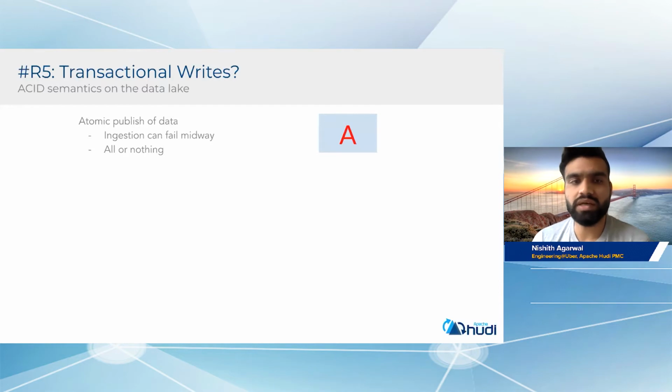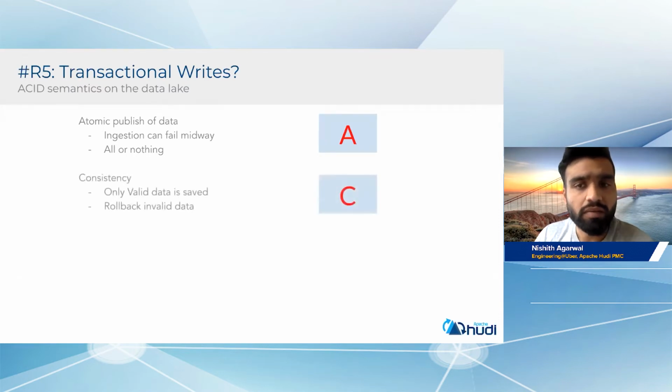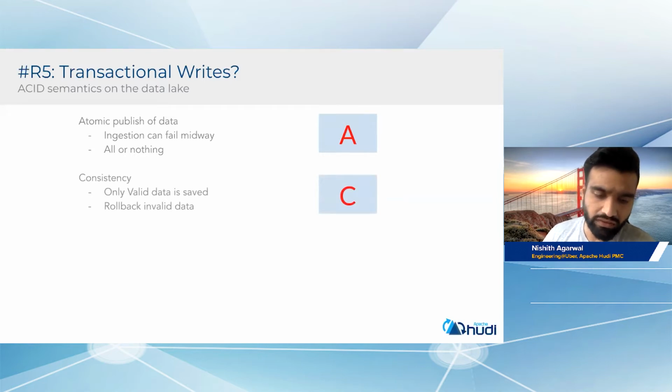Now that could be a single record, or it could be a batch of records, generally a batch of records in the batch world. Consistency means only the valid data is saved, and every invalid data is rolled back, and the invalidity of this data can be defined by the semantics of the storage system that you're using.